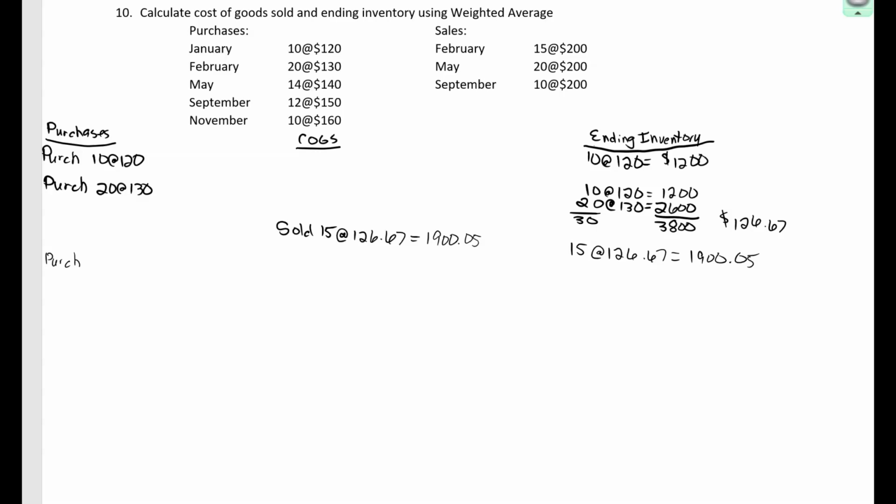Next, in May, we purchased 14 at 140. So in ending inventory here, we have 15 at 126.67, and then we have the 14 we just purchased, which is at 140.